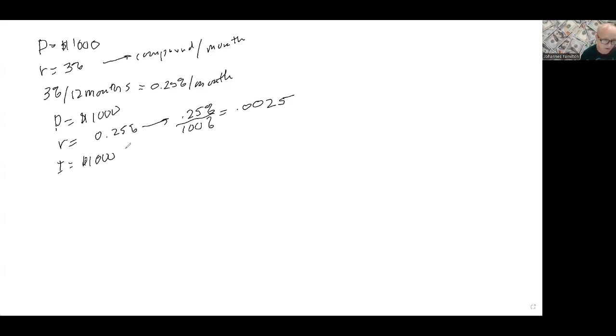And since it's over 1 year, it's one time is 1, or 1 unit. So that's going to be 0.0025, and our interest is going to be $2.50.